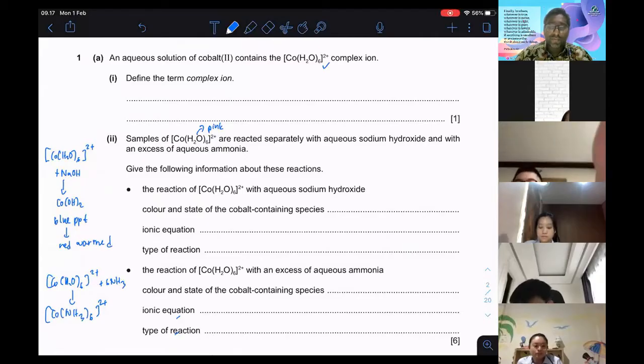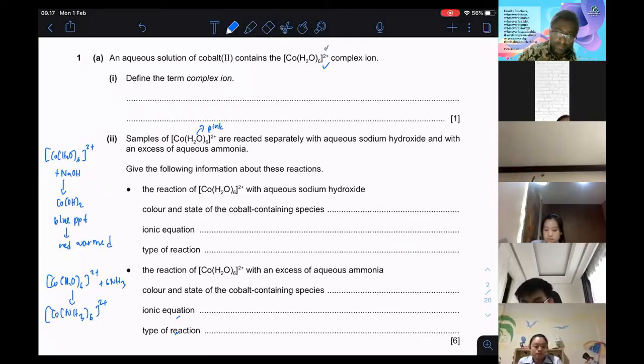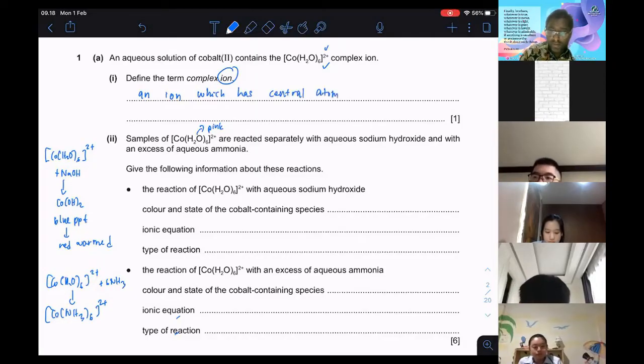Now, when you want to define the term complex ion, remember it can be a molecule or an ion. In this case, better to say an ion, which has a central atom, or ion.